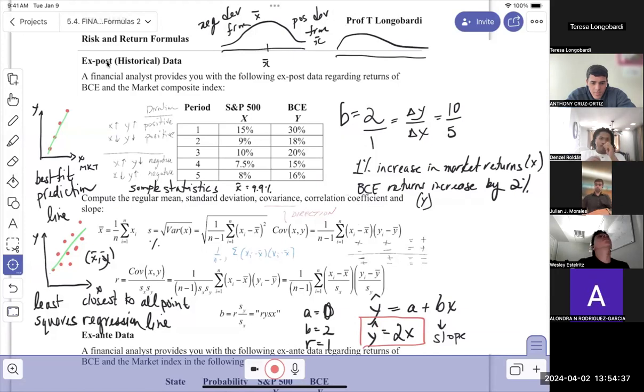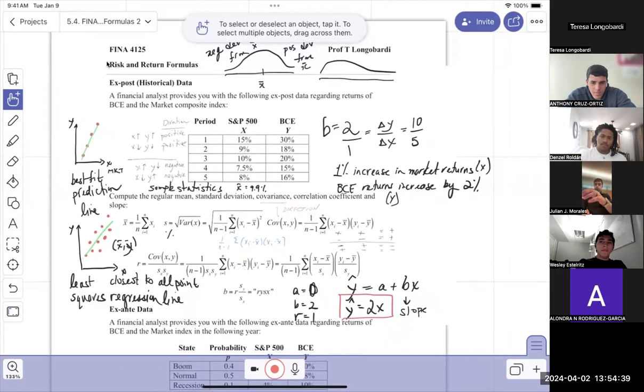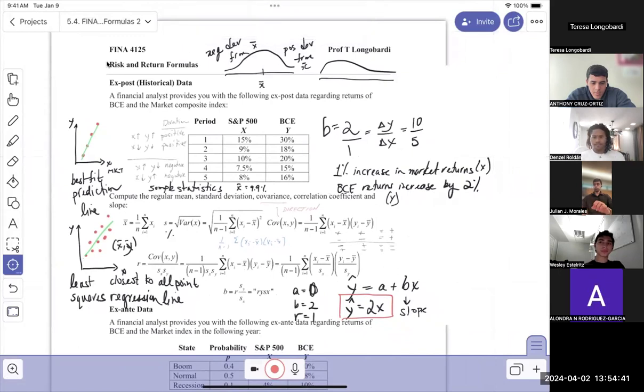Isn't it the change on the x, it increases by the 2? Or it should be like the point where you start. Are you answering my question or asking me a question? Asking you the question about what this means here.